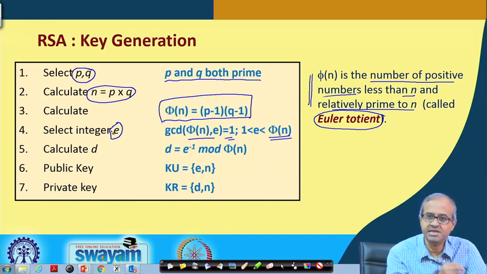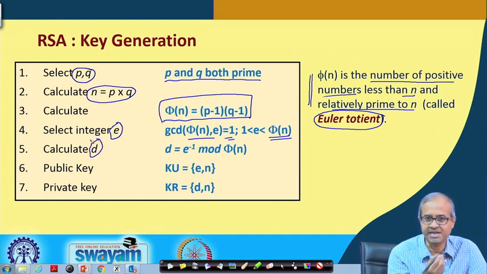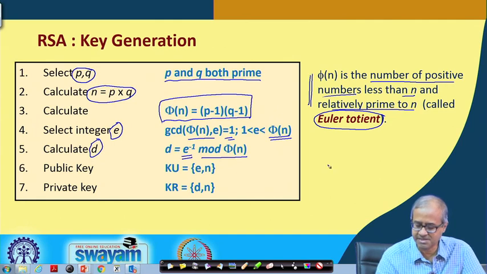Once you choose a value of e, you determine a value d, which will be e inverse mod phi of n. What is the meaning of this? It means d multiplied by e will be equal to 1 mod phi of n.